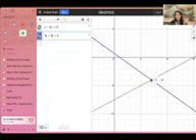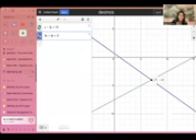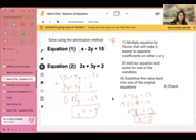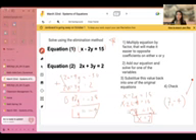So notice how our solution is x equals 7, y equals -4. So we know that this solution is a good one. So yeah, our check was good.